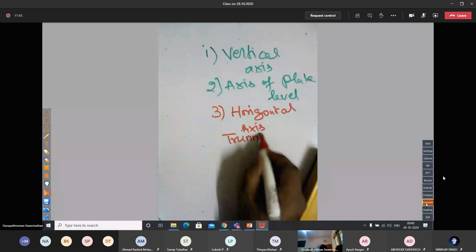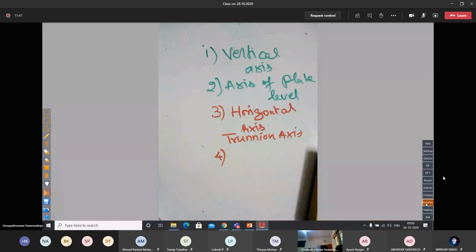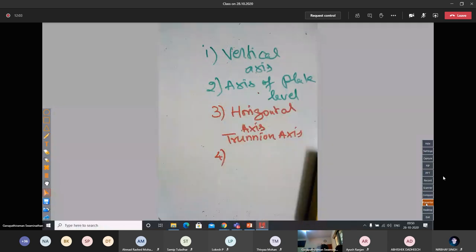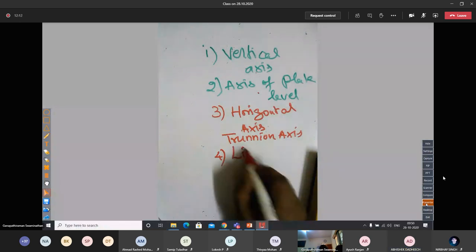Then the axis of bubble tube, the axis of this plate level bubble tube. Then the collimation axis, the line of collimation.